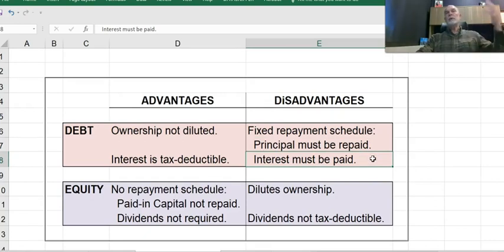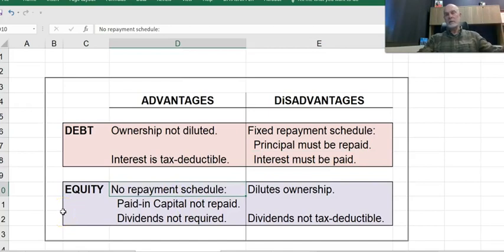If you issue equity, the nice thing is you never have to pay the money back. You're not making any guarantees. You're not guaranteeing they'll ever get the money back that they've invested. You're not guaranteeing any type of dividend because you're not guaranteeing any profits.